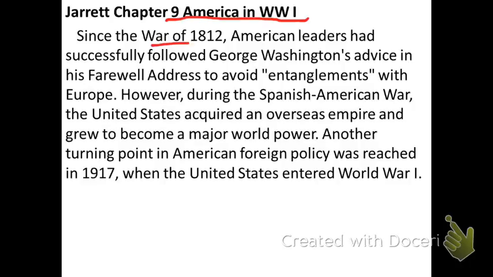Since the War of 1812, American leaders had successfully followed Washington's advice during his farewell address to avoid foreign entanglements. Now, Washington gave his farewell address before he left the White House, and for 120-ish years, we followed that pretty much.